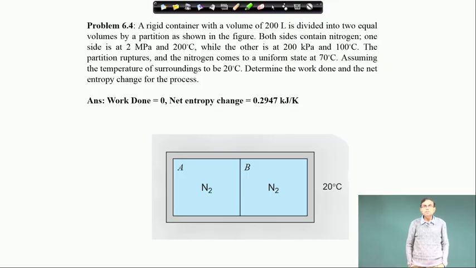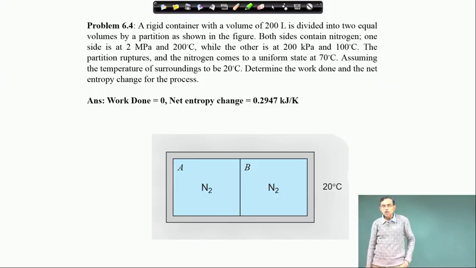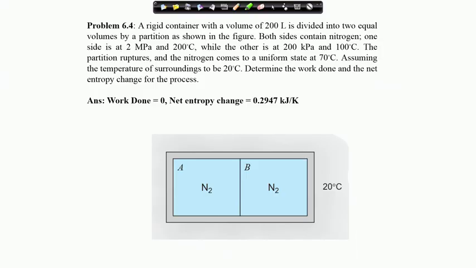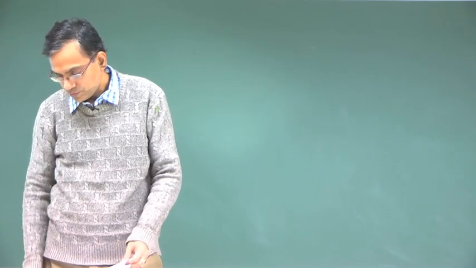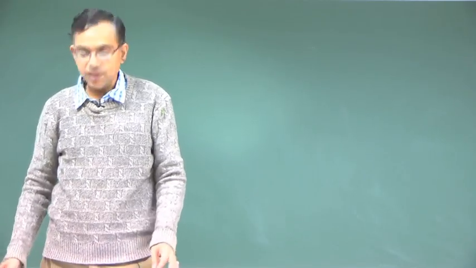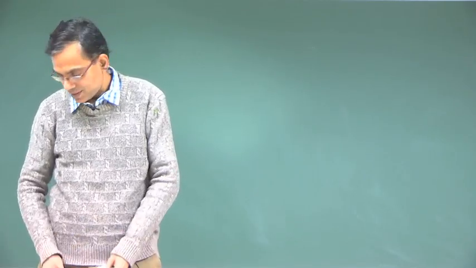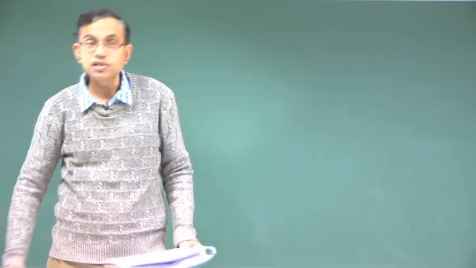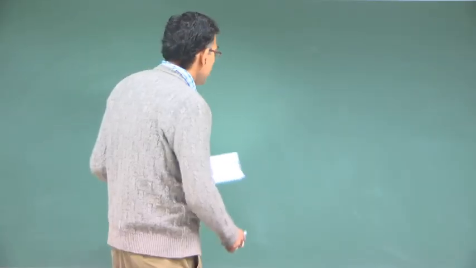The partition ruptures and the nitrogen comes to a uniform state of 70 degree centigrade. Assuming the temperature of the surroundings to be 20 degree centigrade, determine the work done and the net entropy change during the process. So, let us work out this problem on the board. We will draw a schematic of the problem as per our regular custom, and then we will solve.